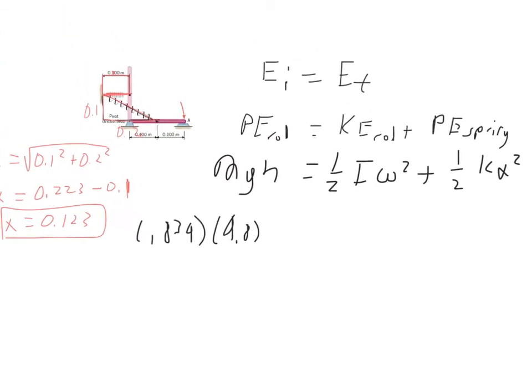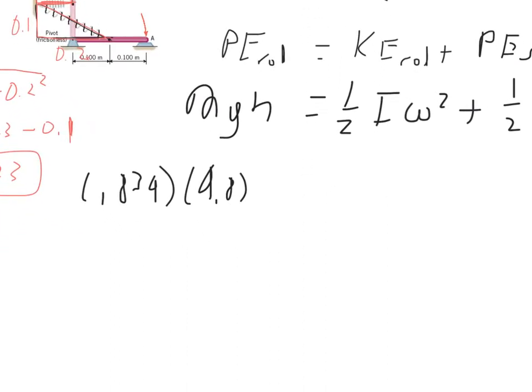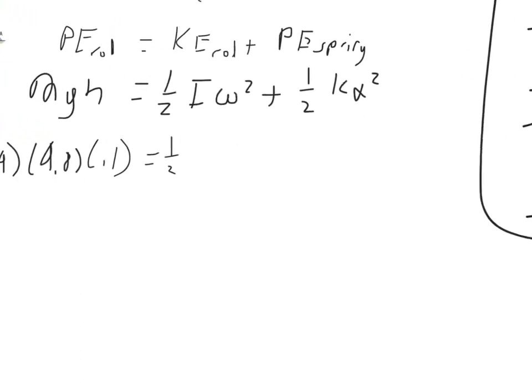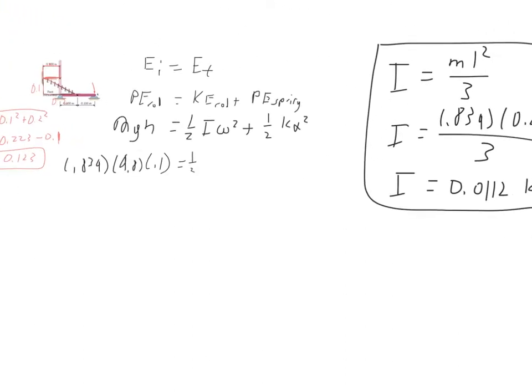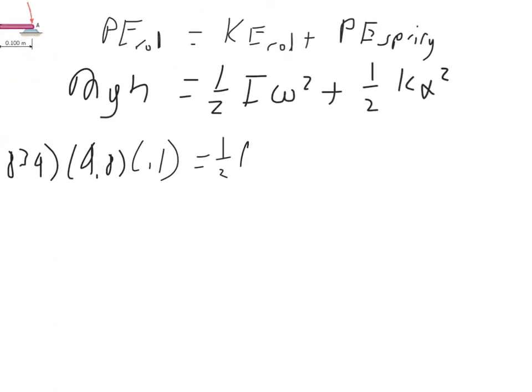So the total length of the rod is 0.2, but that's not where the center of gravity is. So we actually are going to put 0.1 for that center of gravity. Okay. Now we've got 1/2. We know our moment of inertia over here. We calculated that earlier. That was the 0.0112. And omega squared. Remember, we're trying to solve for omega here.